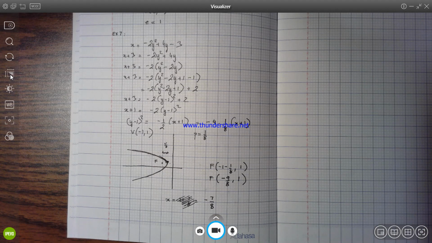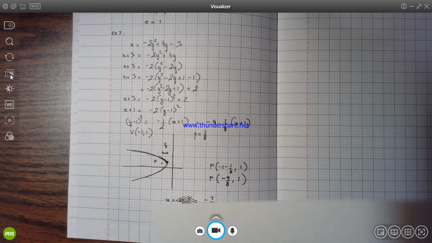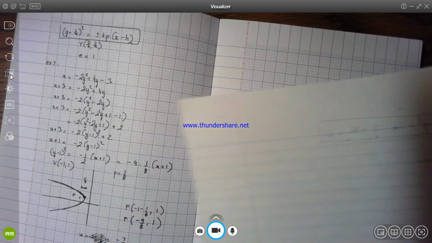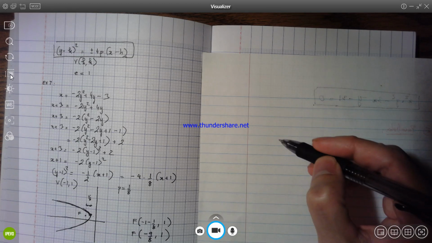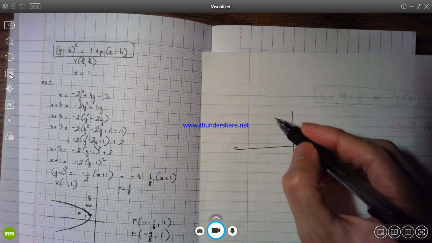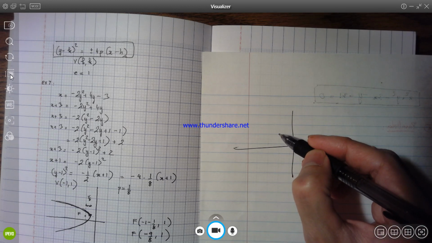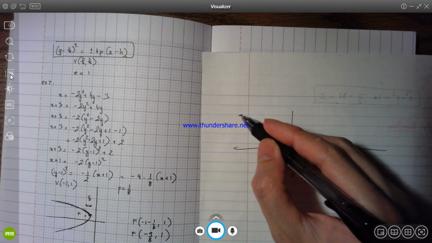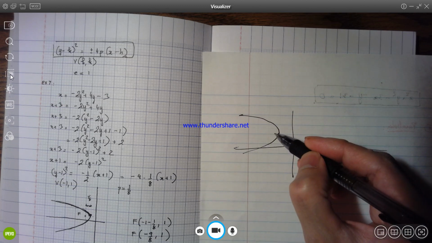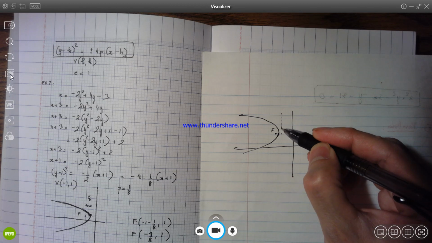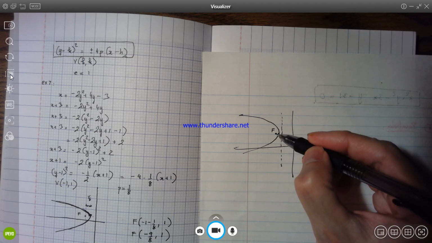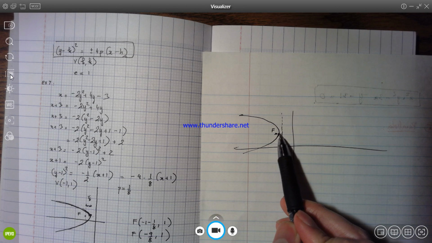Okay, because it's not graphed perfectly, it's just a sketch. I'm gonna go ahead and draw over here so that you guys can see. So I have a parabola like this, right? And over here is 1, so it's something like this. So 1/8 is from here to here. So F is right here. It's really small. So the directrix is right here. So from here to here is 1/8.